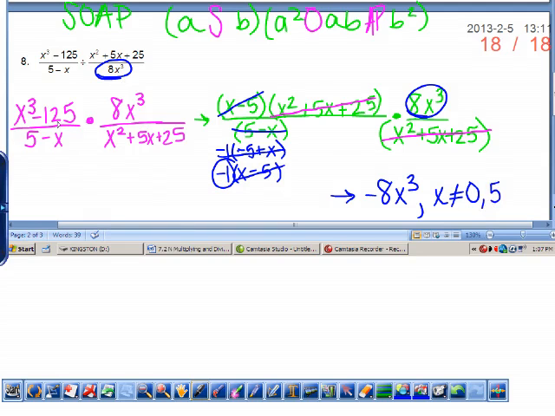From right here, if I plug in 5, I would get 0. Did x squared plus 5x plus 25 factor? No, so we don't know where those zeros are, so we don't have to worry about that. Negative 1 is a factor, you're right, but when you set negative 1 equal to 0, there's nothing that can make negative 1 zero.